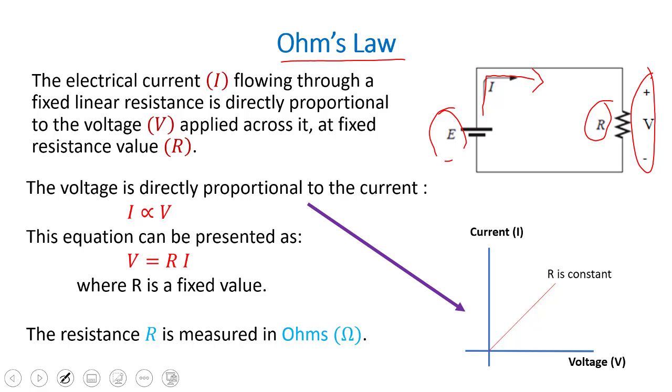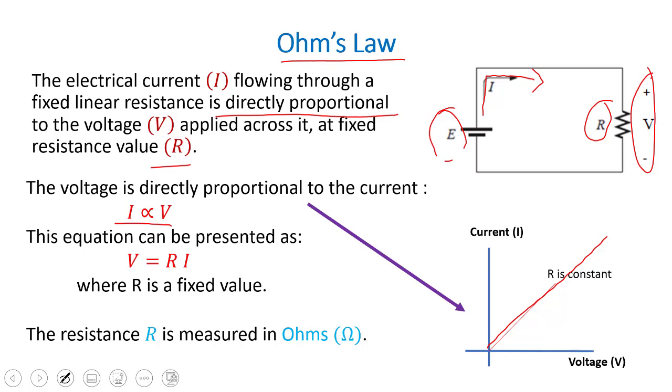It states that the electrical current I flowing through a fixed linear resistance is directly proportional to the voltage applied across it, of course, at a fixed resistance value. What do you mean by directly proportional? It means that the relationship between the current and voltage is a straight line.